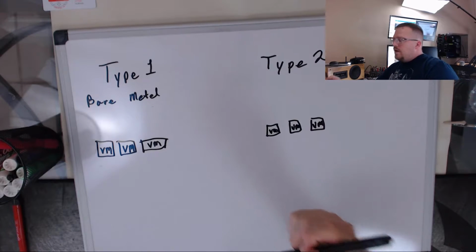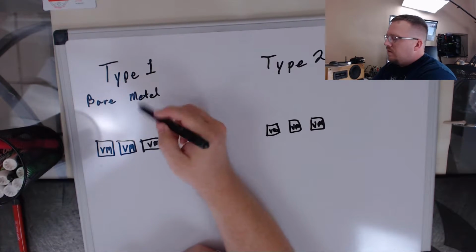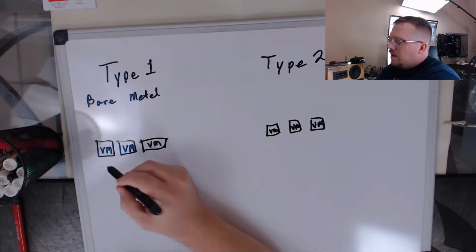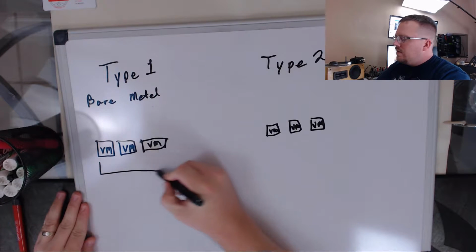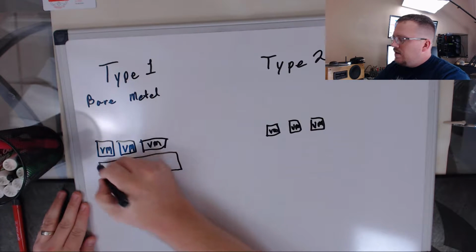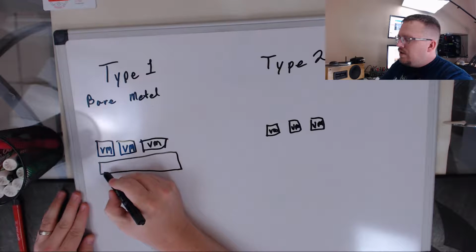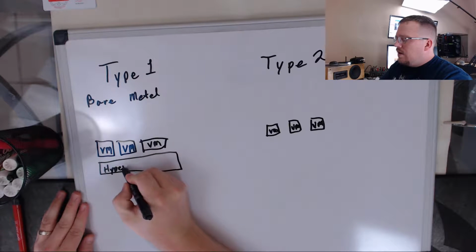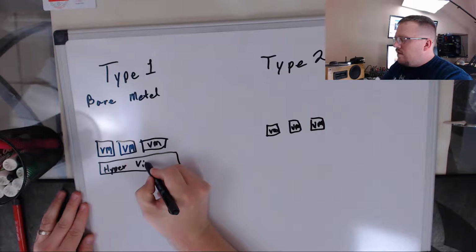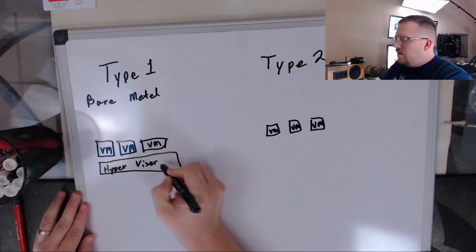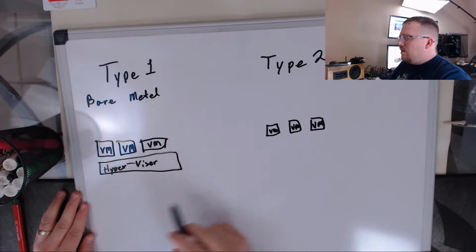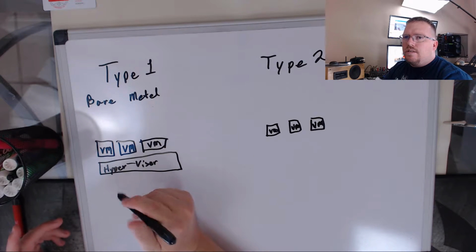With a bare metal type hypervisor, you'll have your hypervisor as the in-between layer, and the hypervisor will act as your operating system.